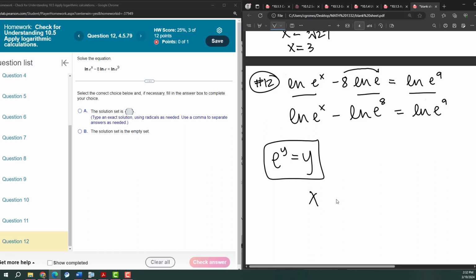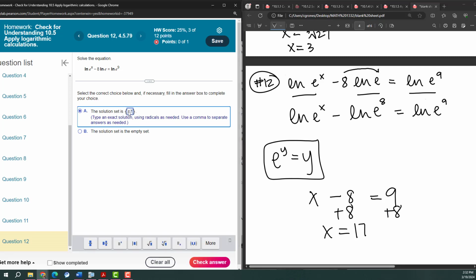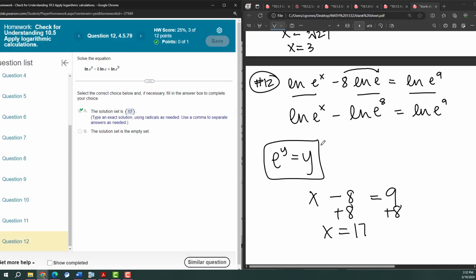So I can set x minus 8 equals 9. So we can solve for x. X equals 17. All right. So that is the last question that's going to be on your homework.